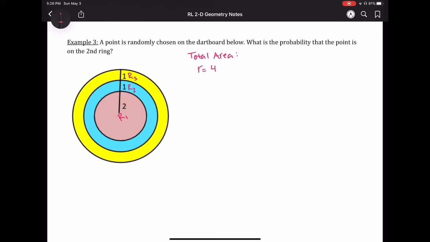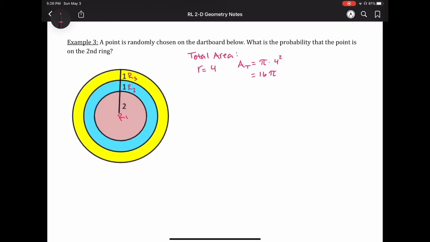And to find that, I'm going to say that this is area of T for total. That is equal to pi times the radius, which is 4, squared. So this is equal to 16 pi. Because all of these are going to be circles, I'm going to keep them in terms of pi so that when I do have my probability, I can cancel my pi out. You'll see what happens with that when we get to that point.